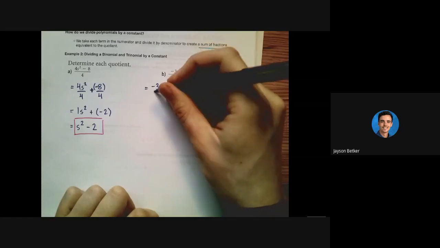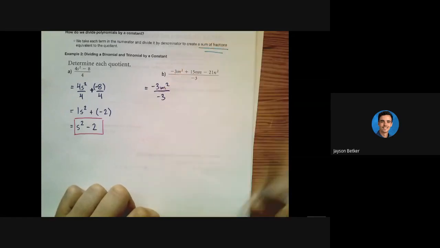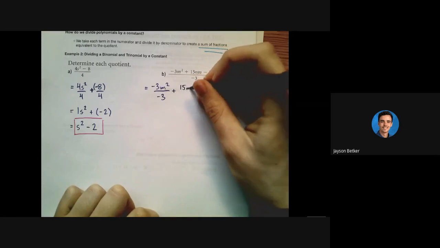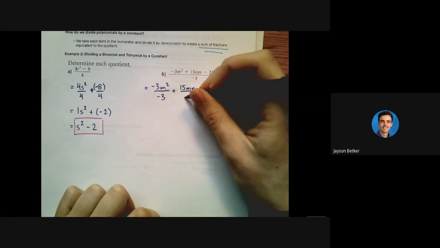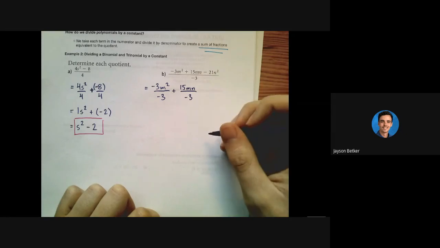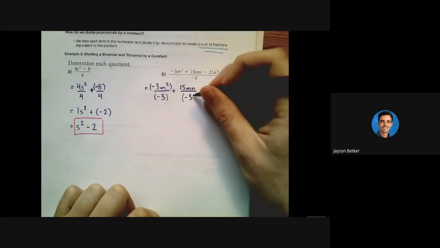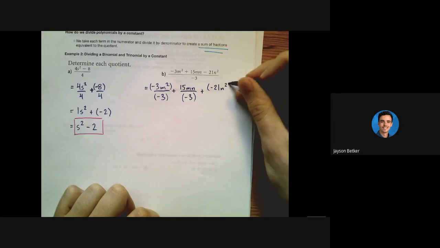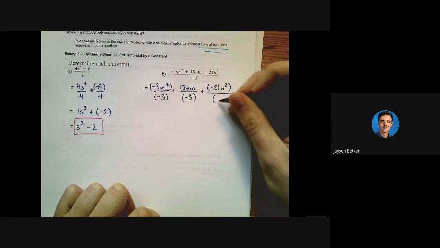Negative 3m squared over negative 3 plus 15mn over negative 3. Let's put brackets around where our negatives are. Just helps keep things a little bit more clear. Plus negative 21n squared over negative 3.